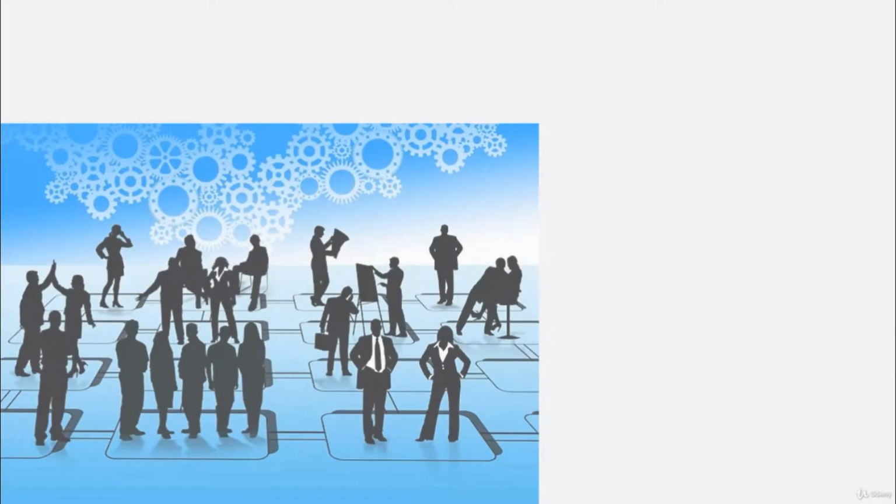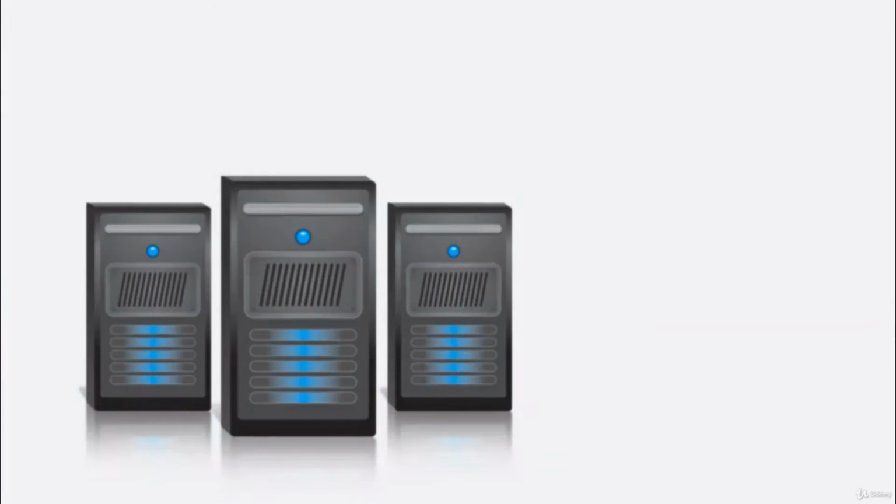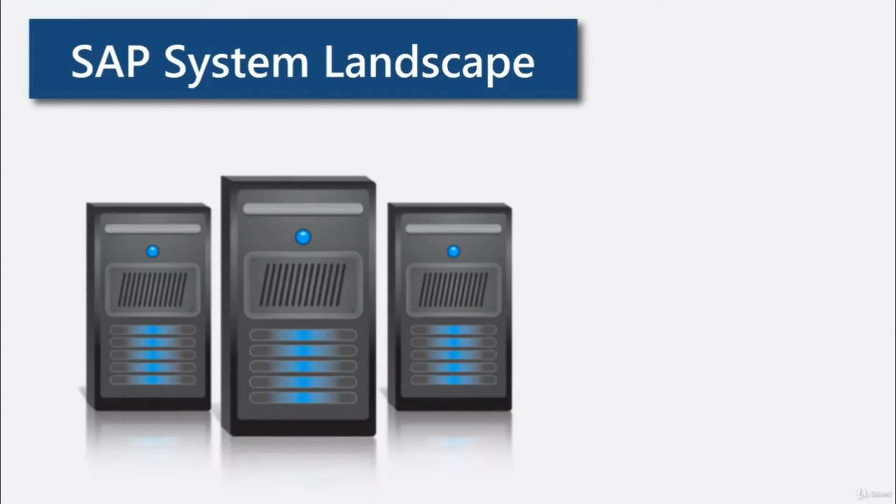Such system updates must of course not jeopardize the day-to-day business operations. Therefore, several SAP systems for different purposes are set up, and this collection of systems is called an SAP System Landscape. Let's look at the landscape in detail. SAP recommends a three-system landscape.